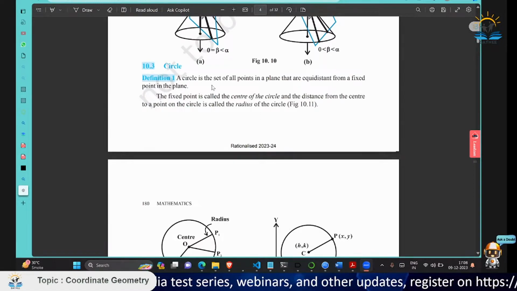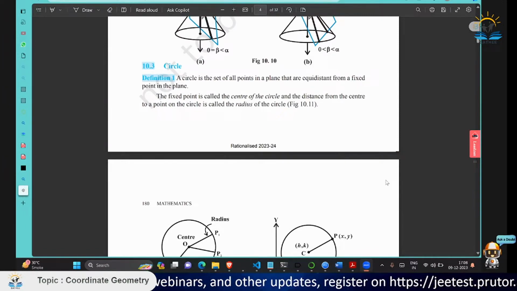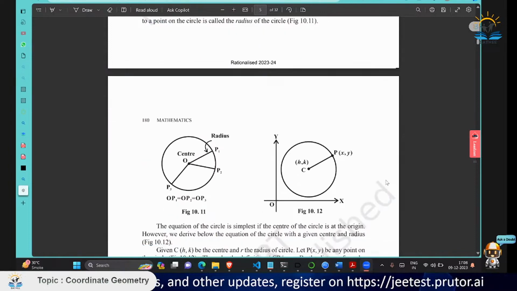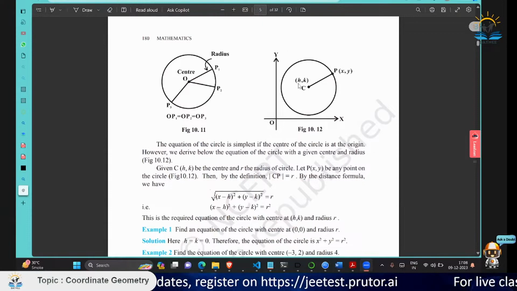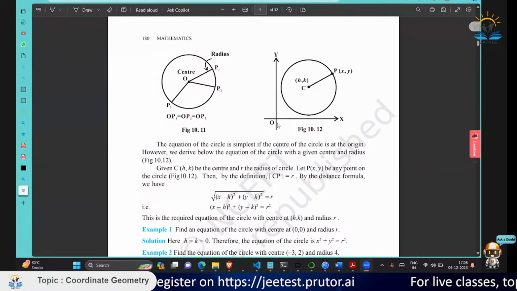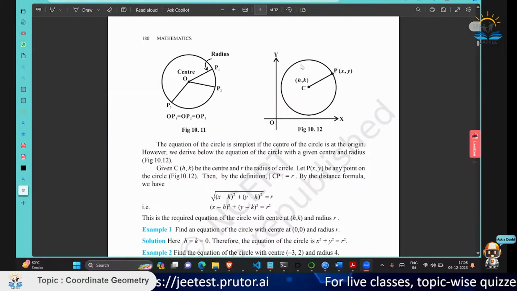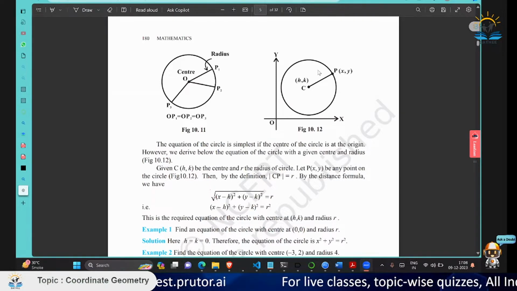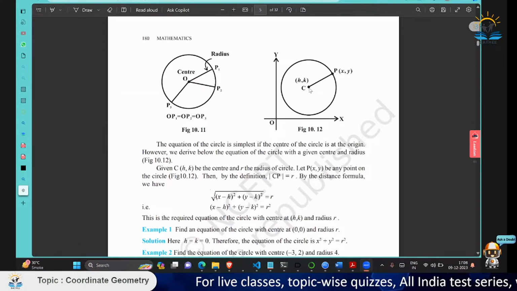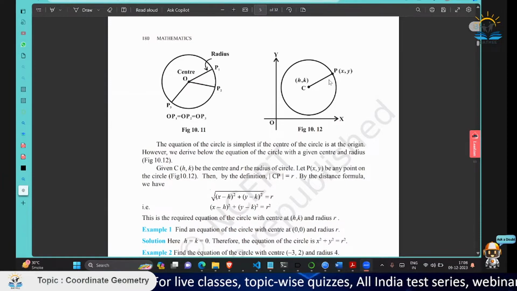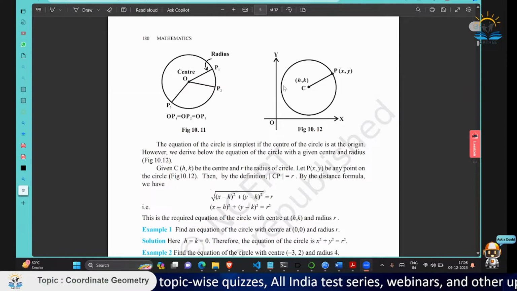It's basically a set of all points in a plane that are equidistant from a fixed point in the plane, right? That fixed point is the center. Basic definitions we all know. To get the locus of the circle, or the general equation of the circle, we can say that this distance CP is the radius r, and this is true for all the points P on the circle.